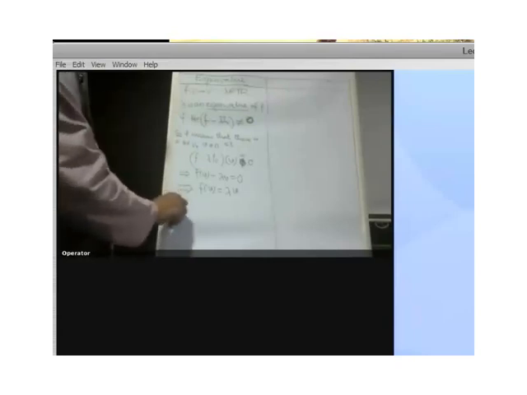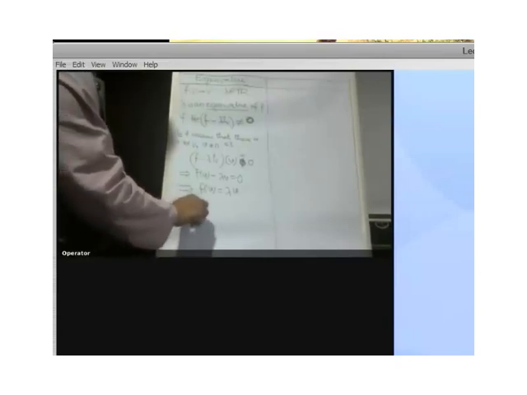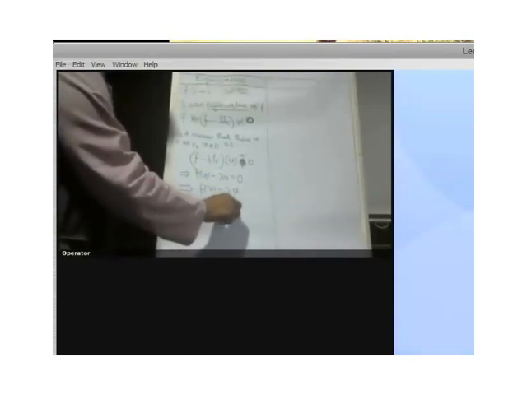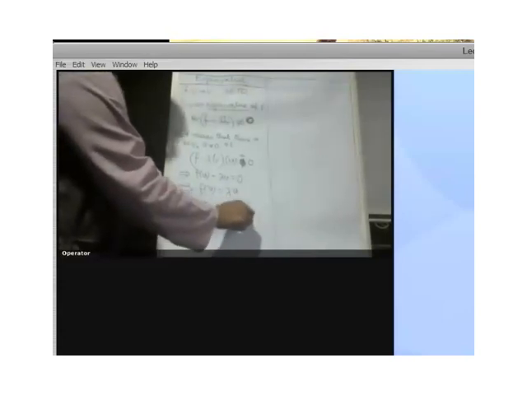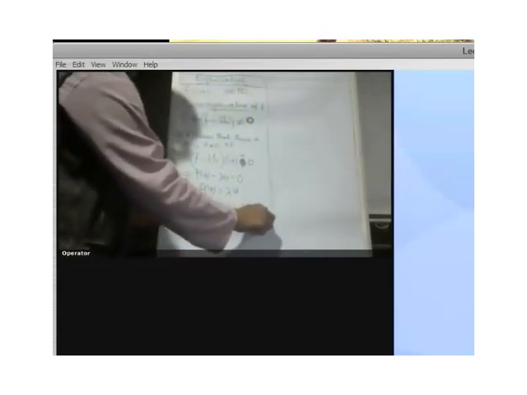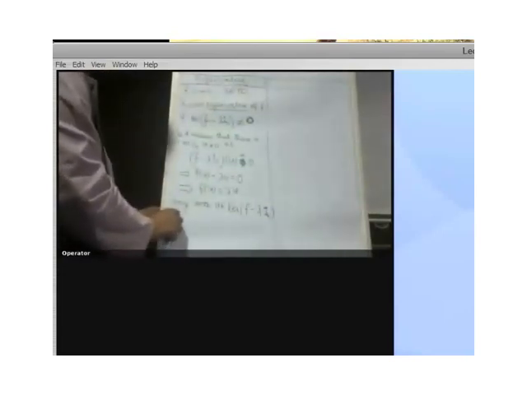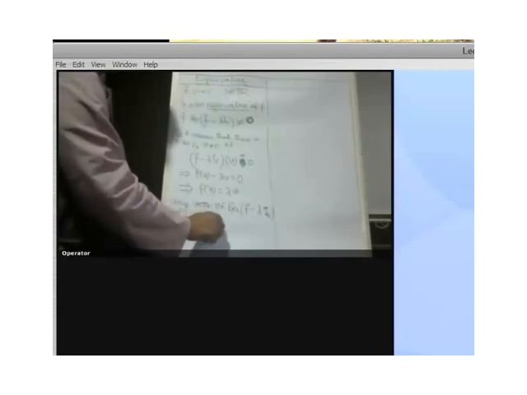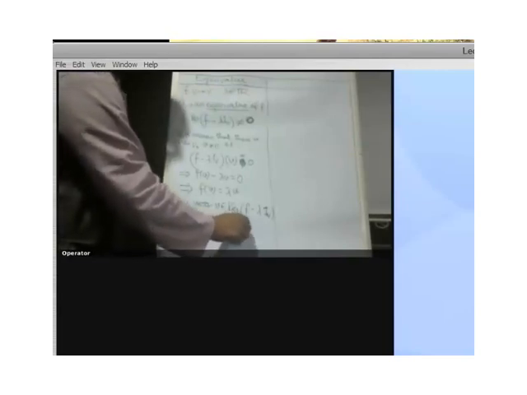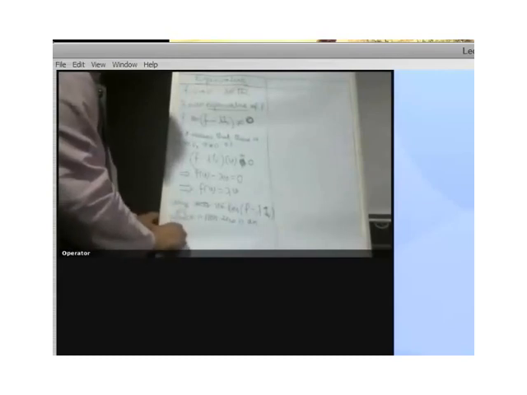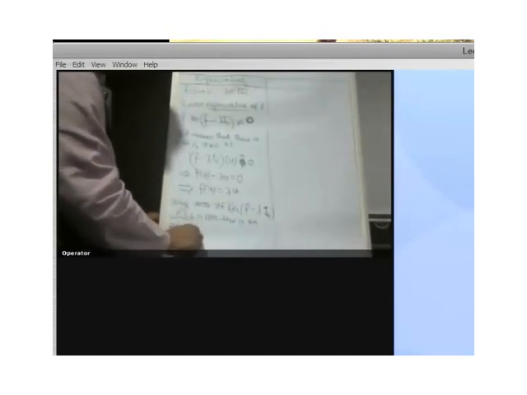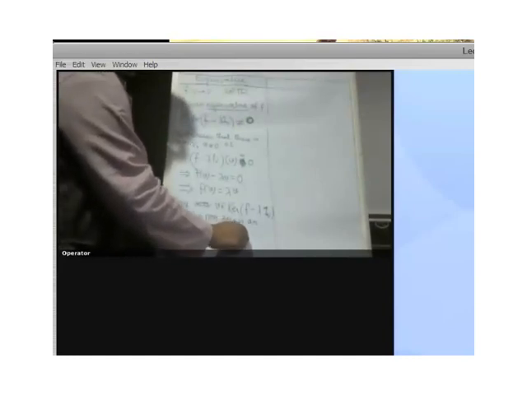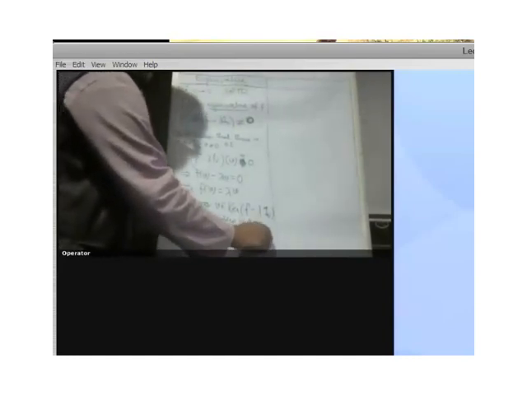And any vector which is non-zero is an eigenvector of F corresponding to the eigenvalue lambda.